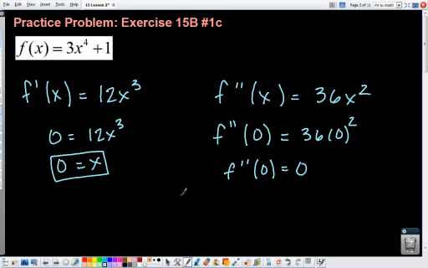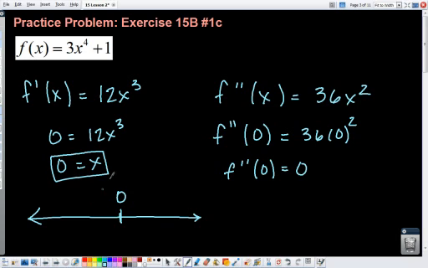So what we're going to do is go back to the first derivative and do a number line like we did during lesson 1 to see if the graph is increasing and then changing to decreasing, or decreasing and then changing to increasing. We're basically looking for a change in direction to confirm that this point x equals 0 is a maximum or minimum.